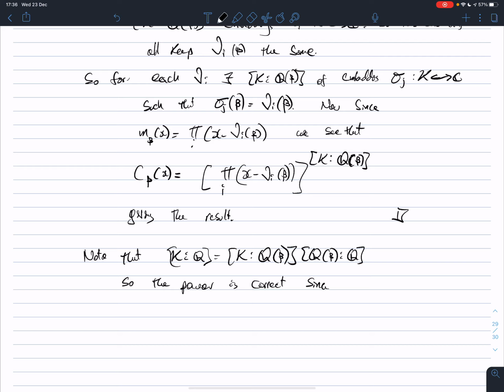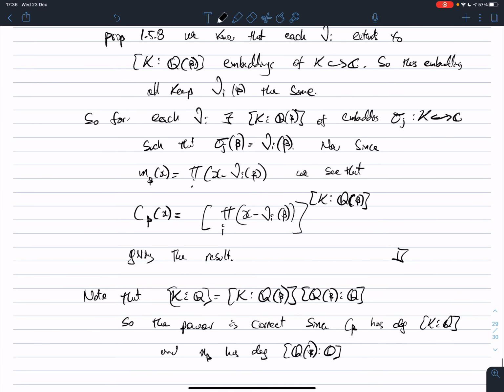Since we saw above that C beta has degree [K:Q beta], and m beta has degree [Q beta:Q], this thing has degree [K:Q]. So if I take m beta and raise it to this power, the degrees match up correctly.